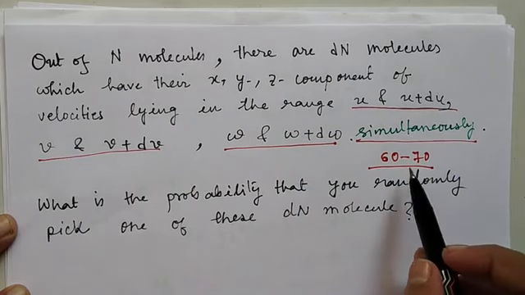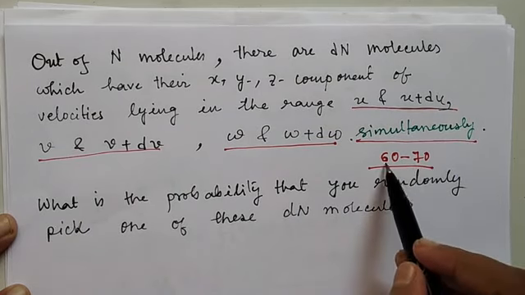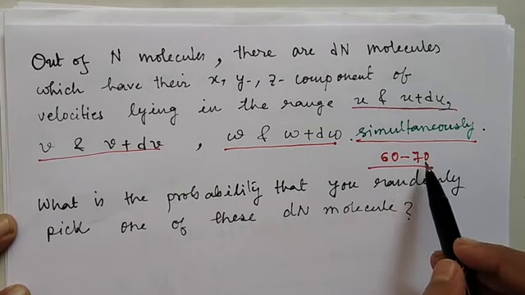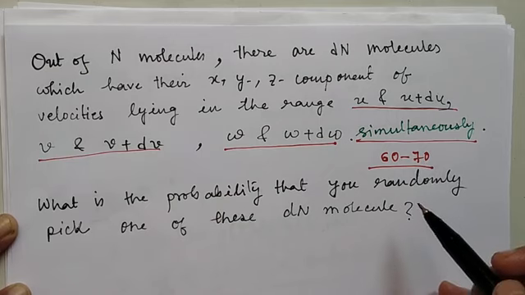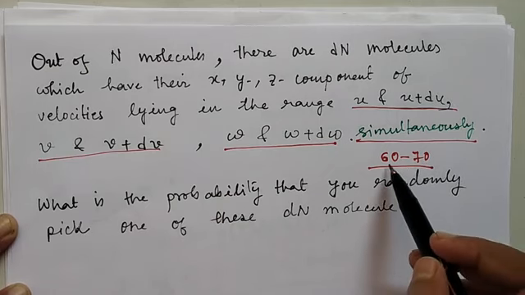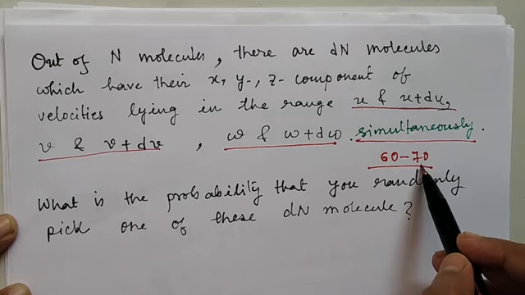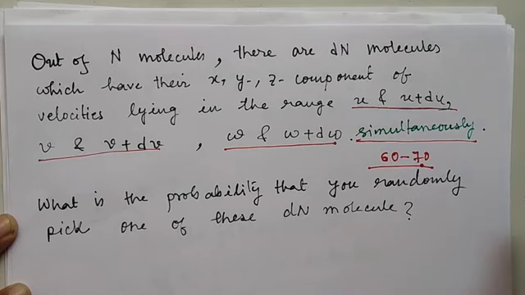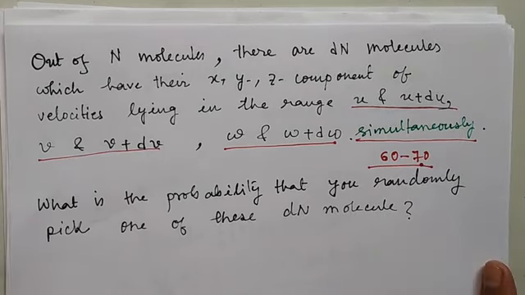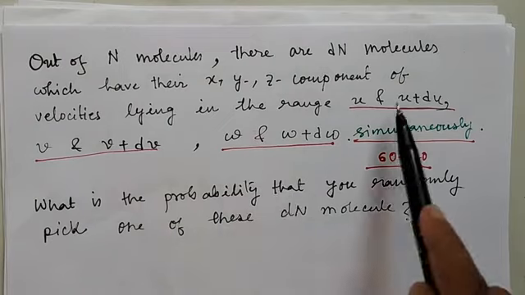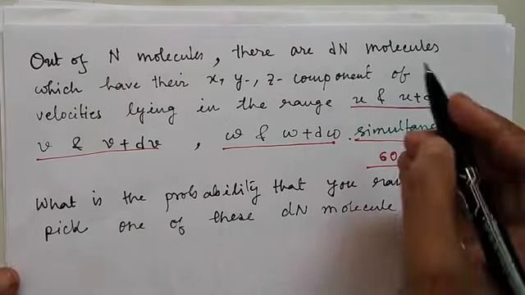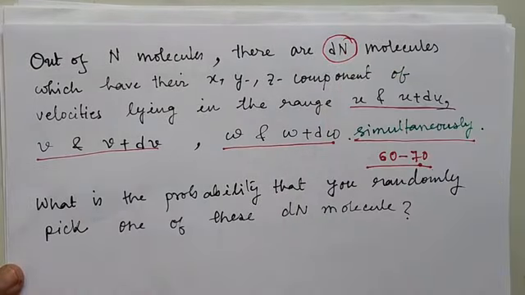Suppose you can find one student who has got marks between 60 and 70. Okay, but it is likely enough that you will find other students, more than one student, who have got marks between 60 to 70. So similarly, out of n molecules, it is likely that more than one molecule will have their velocity components in this range. Suppose the number of such molecules is dn.